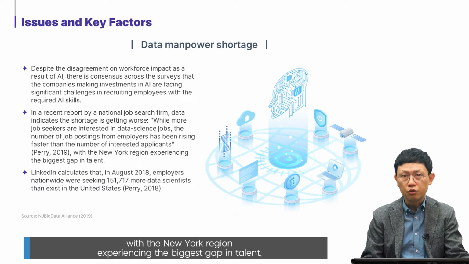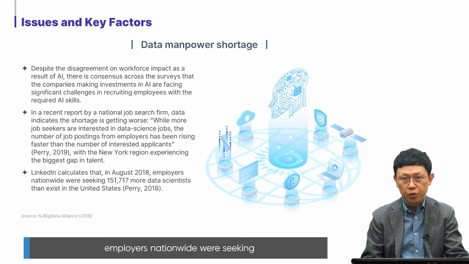With the New York region experiencing the biggest gap in talent. LinkedIn calculates that in August 2018, employers nationwide were seeking 151,717 more data scientists than exist in the United States.